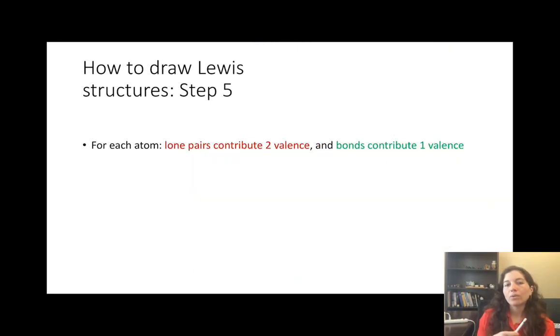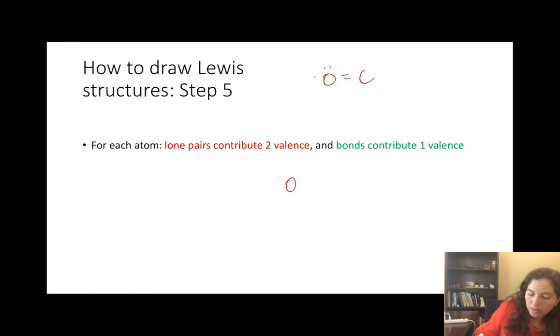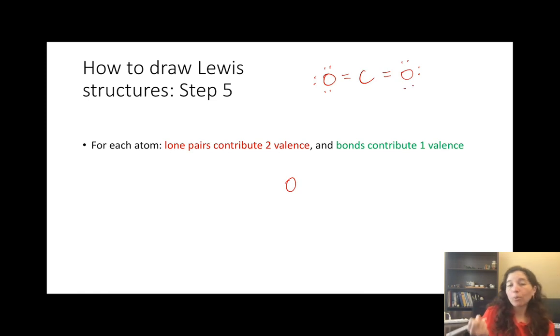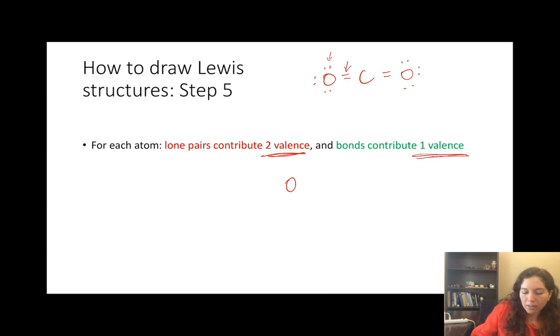So to reiterate what we went through, remember that when you have a structure like this one that we looked at, your lone pairs, these guys right here, they contribute 2 valence electrons, whereas these bonds right here, they only contribute 1, because we're kind of cutting them in half and saying that two of these electrons belong to one atom and two of these electrons belong to the other one.